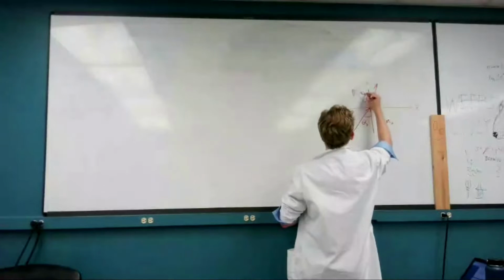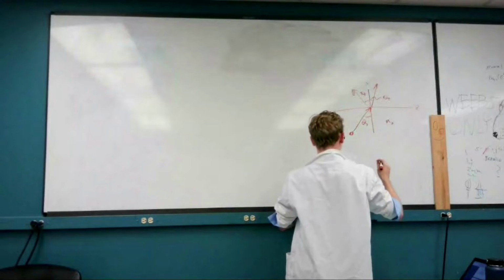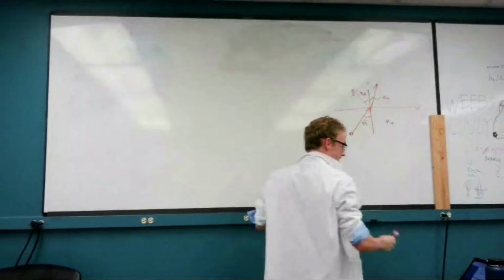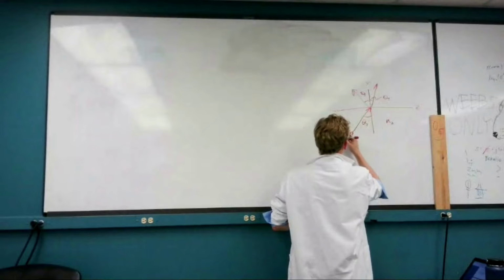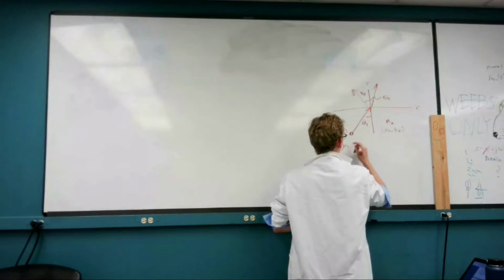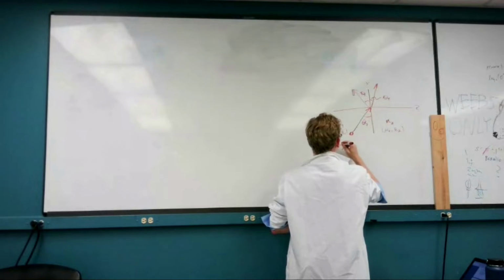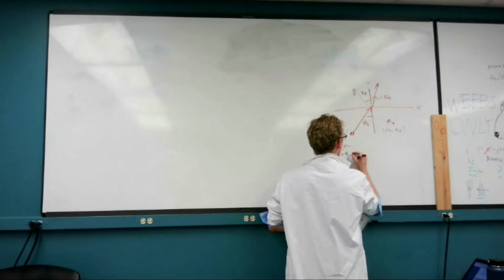Here is theta I, theta r, and here is theta t. And the characteristics we're given is mu1 equals mu naught, epsilon 1 equals 4 epsilon naught.